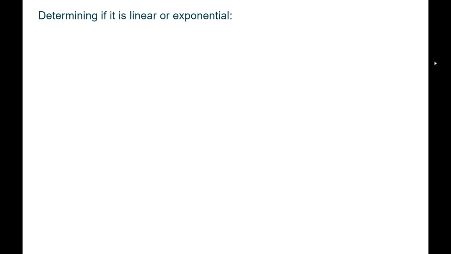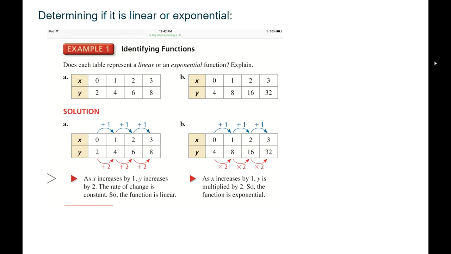The first thing you might have to do is just be able to identify if it's an exponential function. Linear functions, remember, make lines, and then we're going to see what happens when you get an exponential function. You might be given a chart of numbers, something like this.